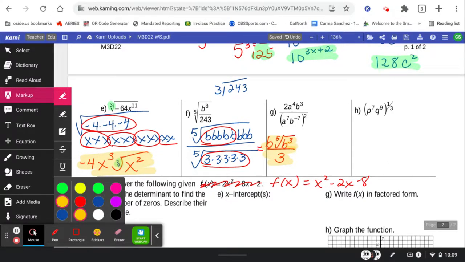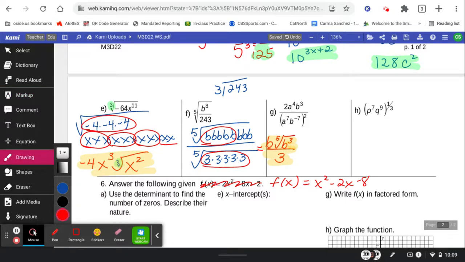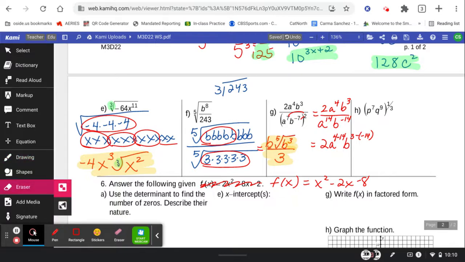All right, I'm on part G. At the bottom, it needs to be simplified first, so leave the top alone for just a second. And the bottom becomes a to the 14th and b to the negative 14th. Now we can do the subtract rule. 2 just stays there. A to the 4th minus 14 and b to the 3rd minus negative 14 is going to become 2a to the negative 10th, b to the 17th.